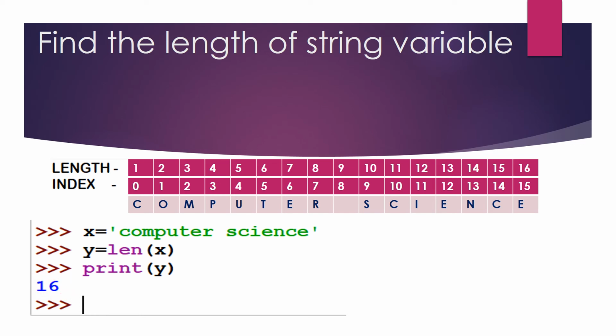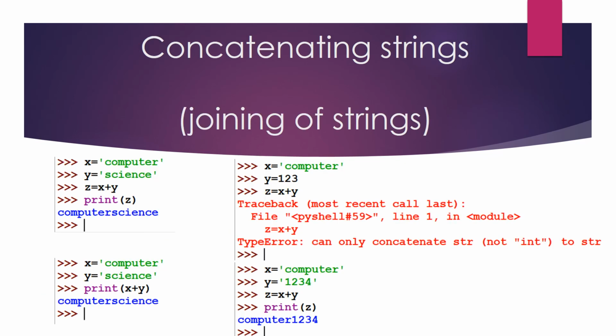So here in this length we will count from 1, not from 0. We are not going to see the index value. Here we will see the count of the string, which will start from 1 to last 16. So it has included one space as one character. The count is 16.